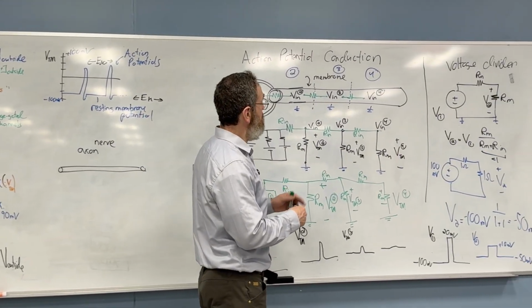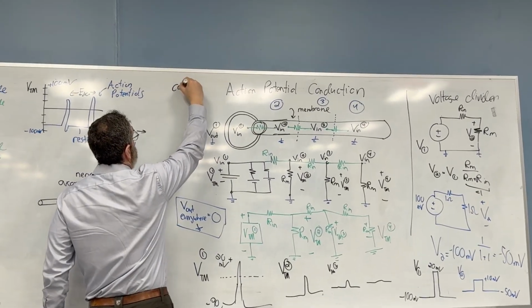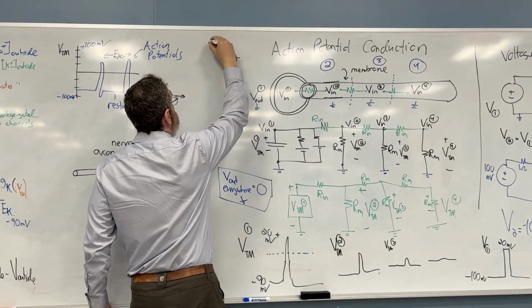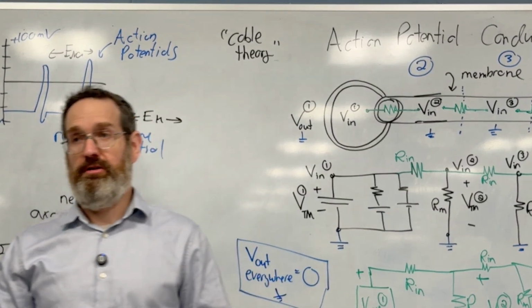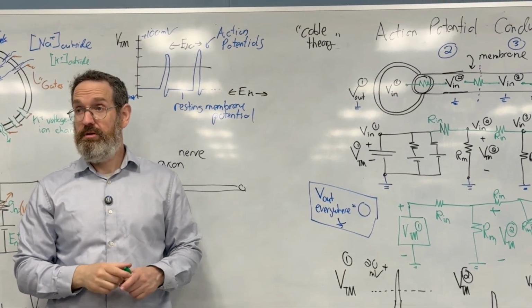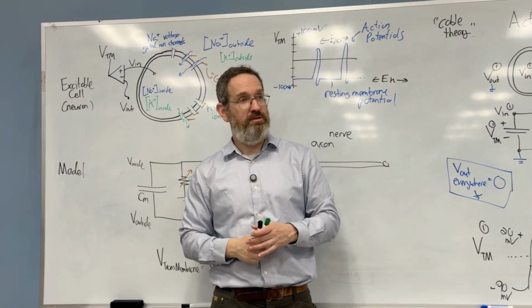This is why, when people talk about this, you'll hear them use the term cable theory. Because these models weren't initially created for neurons. They were created when people were using cables to try to transmit information from London to New York.